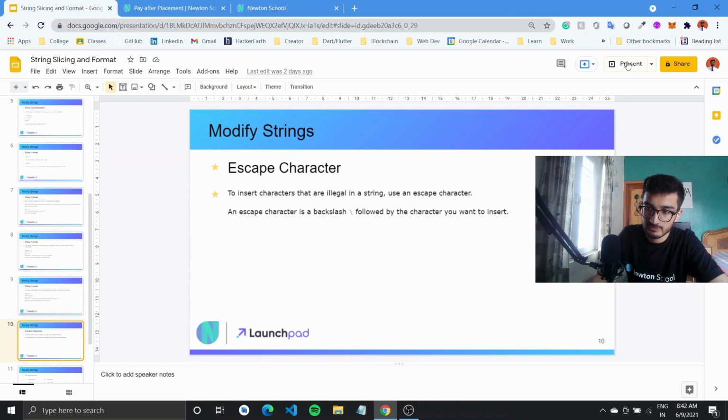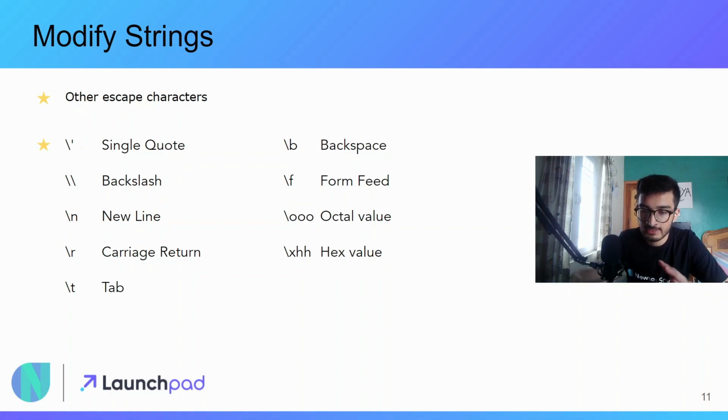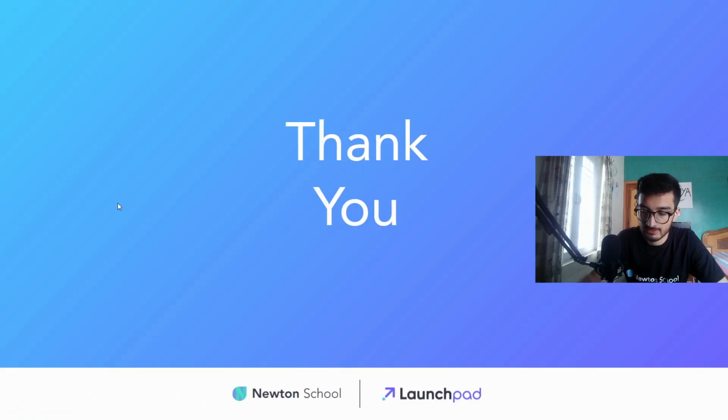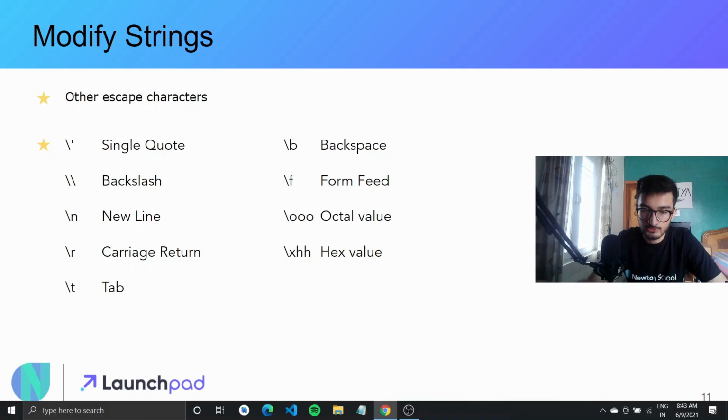There are a number of such characters we have in Python. There are other escape characters as well. We just saw how to use a single quote. There is backslash. There is new line, which can be used to go over to a new line. There is tab, there is backspace, and there are octal and hex values.